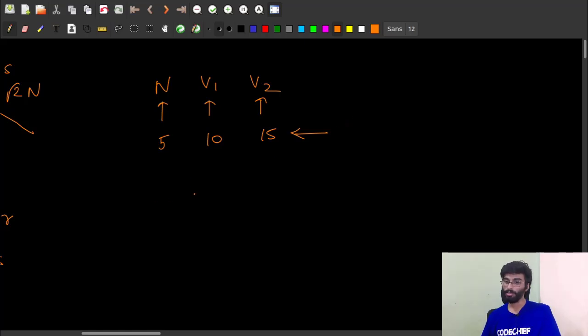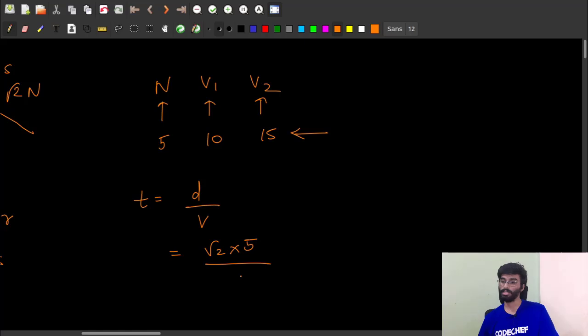So first of all we have to find the time that will be required to go down by stairs. So the equation for time is distance upon velocity, and the distance for the case of stairs is √2 times 5. The velocity for the stairs is 10.